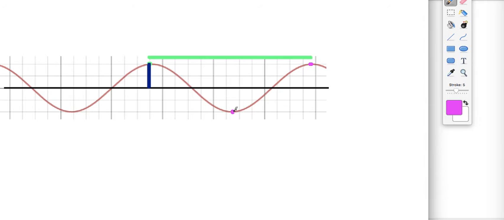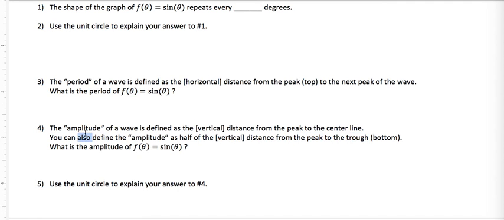Here's your bottom. So take that vertical distance and then divide it by 2. That is another way we can define the word amplitude. Pause the video, calculate the amplitude for your graph. Hit play when you're ready to continue.